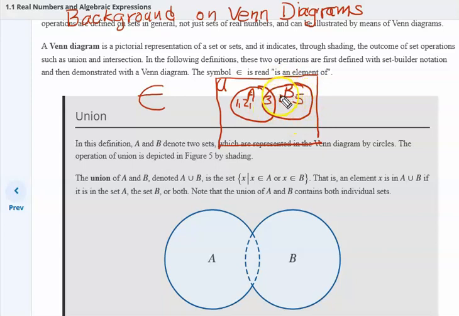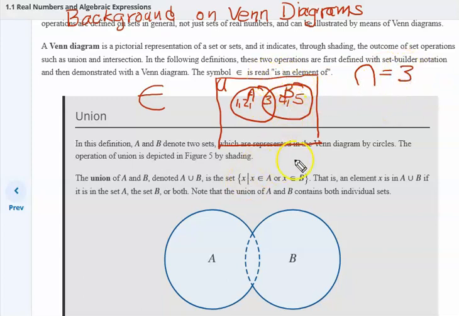Now we're seeing also what is called here intersection. And for intersection, we use the upside down U in a sense to indicate what is intersecting in these two sets. Well, that would be element 3.